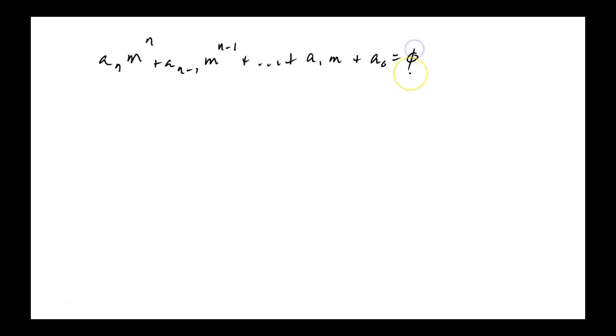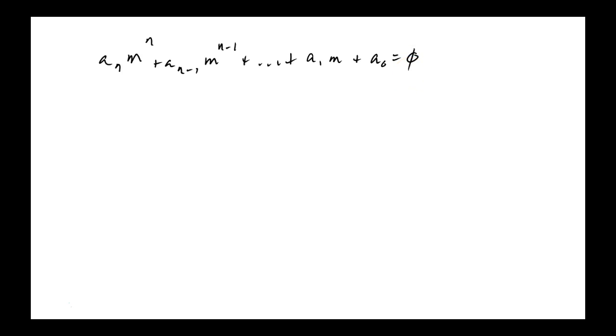You have this as the auxiliary equation: a_n m^n plus a_(n-1) m^(n-1) plus dot, dot, dot, all the way down to a_1 m plus a_0. Now remember, these a's are real, not complex, meaning having imaginary components to them.